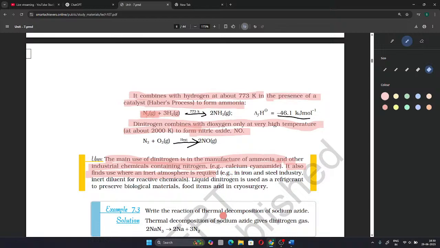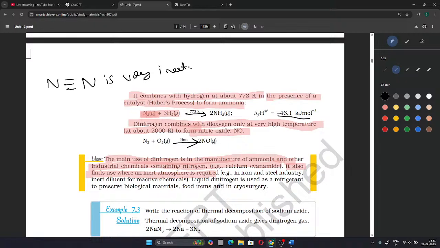For example, because we saw that nitrogen triple bond N is a very strong bond, it is very inert. So in the iron industry or the steel industry, if other gases like oxygen are there, they will easily react at very high temperature and form ferric oxides, which are useless and not needed.